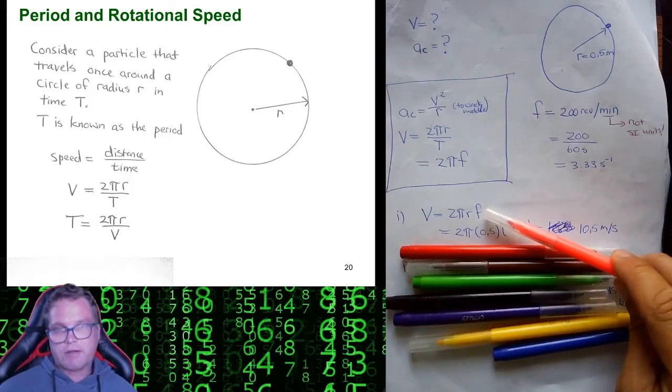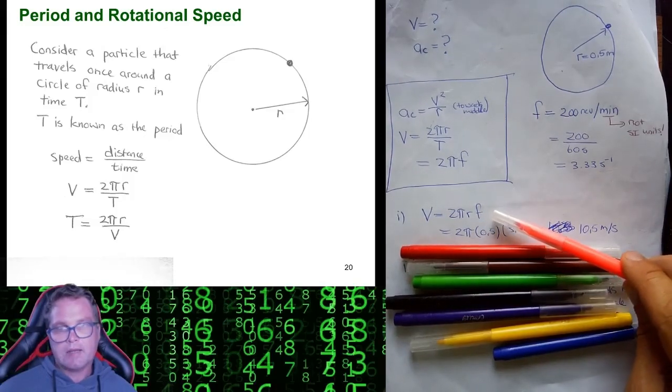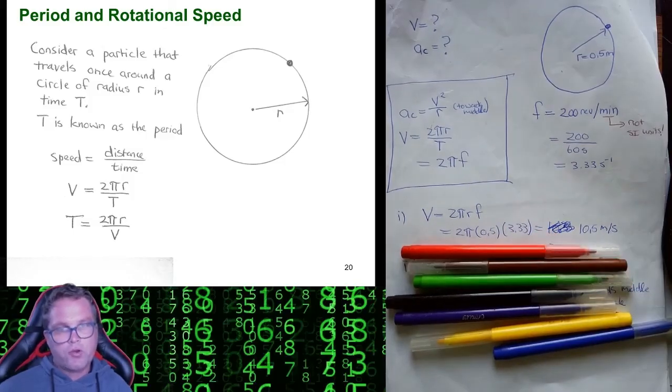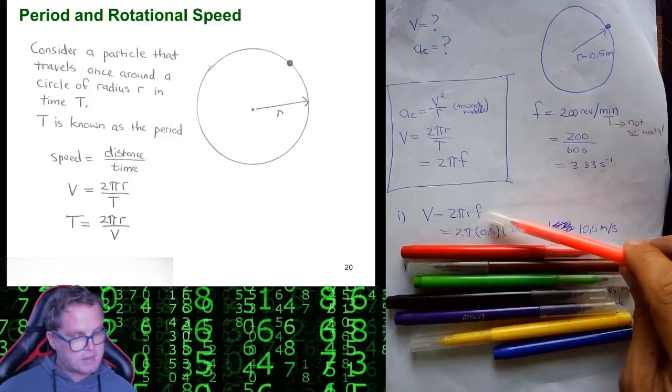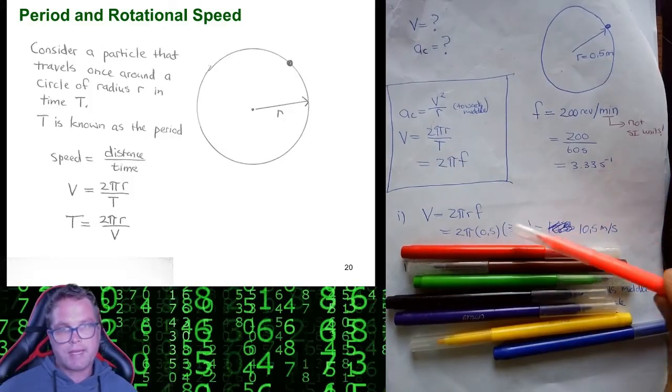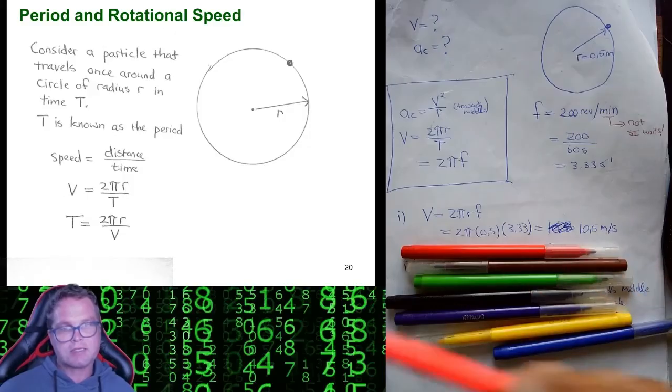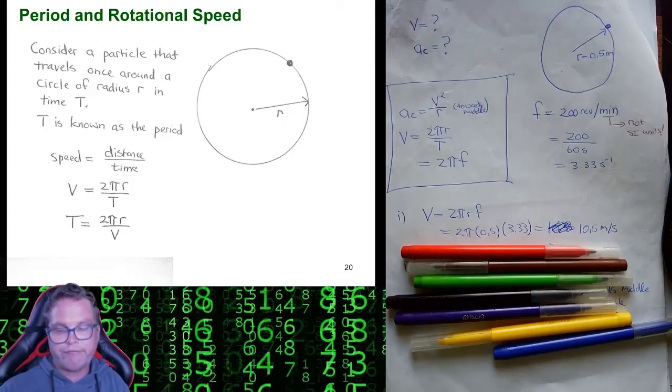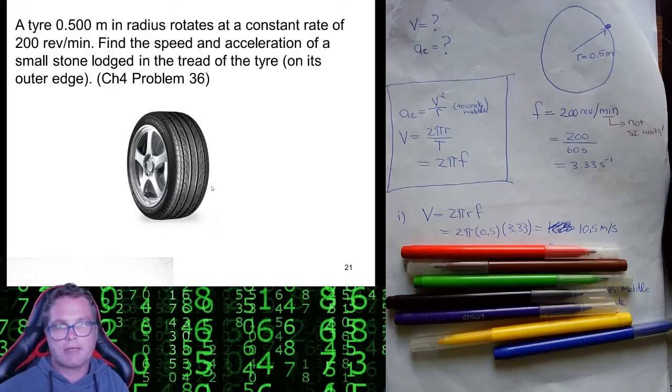What I've done is I've replaced 1 over T by frequency. Knowing then that the frequency is 3.33, we can substitute in the values, and we found that the speed is then 10.5 meters per second.